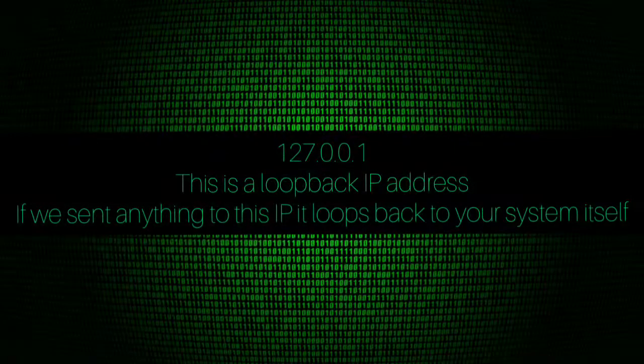We can give any random IP address, like 127.0.0.1 for youtube.com. So when we enter youtube.com, instead of going to the actual address of YouTube, it goes to 127.0.0.1.